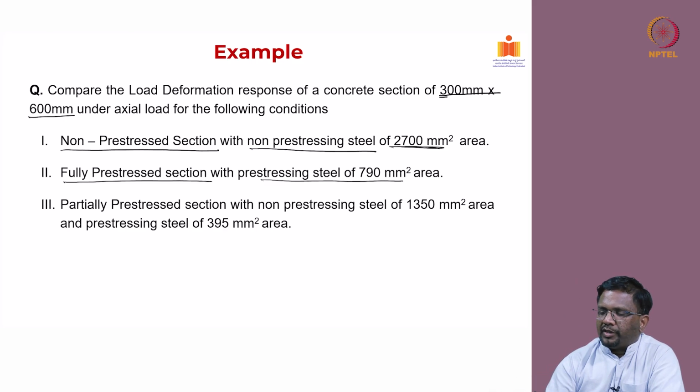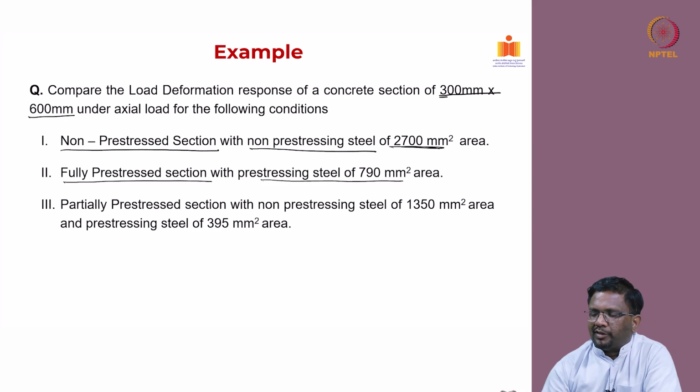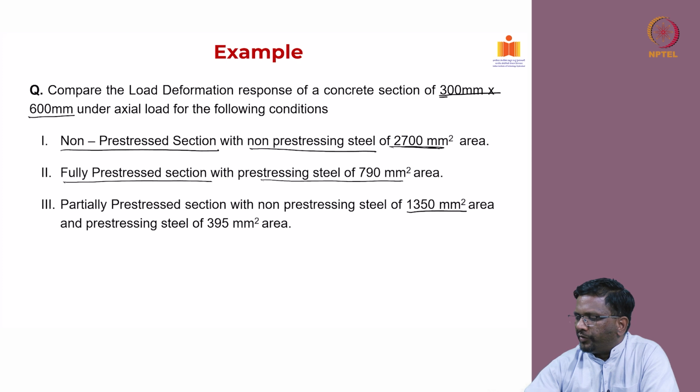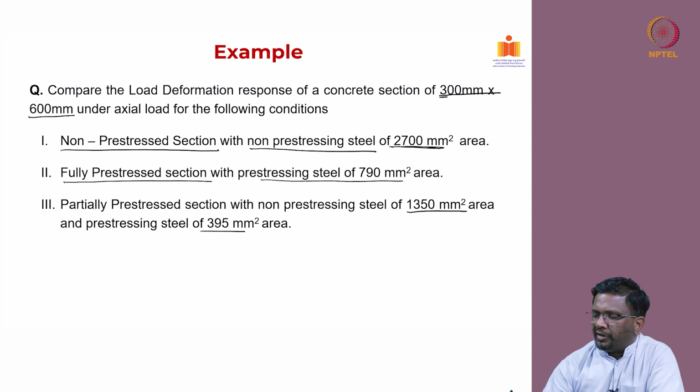Fully prestressed means there is no normal steel, there is no non-prestressed steel, it is only prestressing steel. The third case is a partially prestressed section with a non-prestressing steel of 1350 mm square and a prestressing steel of 395 mm square. Now you can ask me why I have taken these numbers. Now you see what are the grades of steel that we have taken?